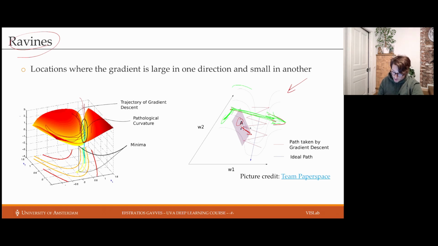And this makes sense because along this direction we've got great steepness, whereas along this direction we've got basically a very smooth transition.